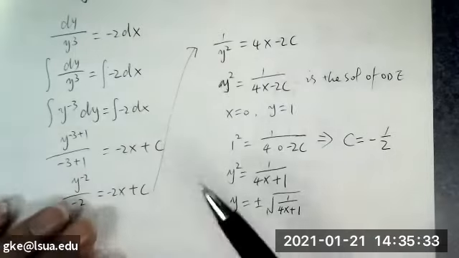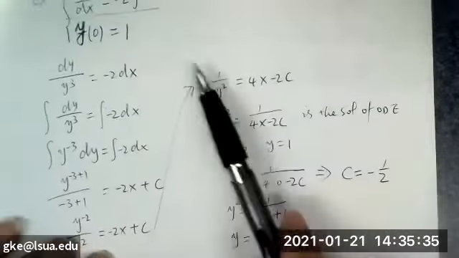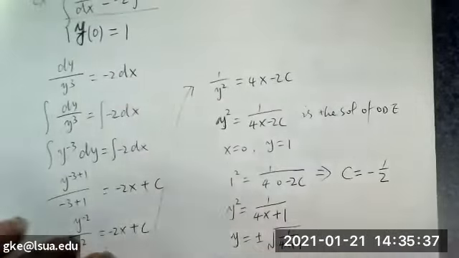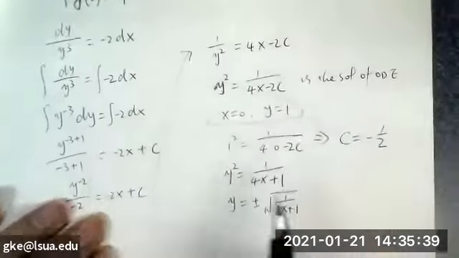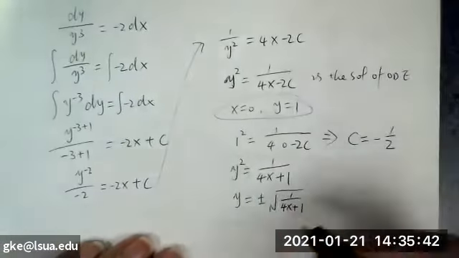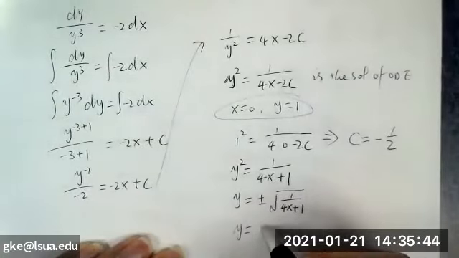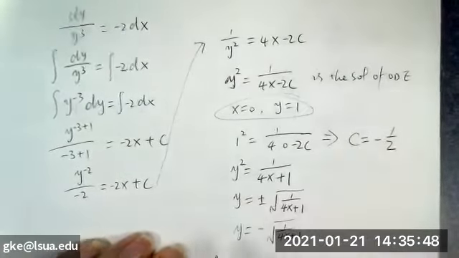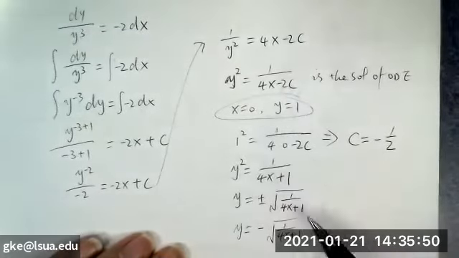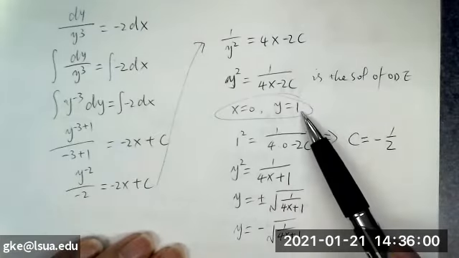Okay, let's check. The thing is the initial condition. So if we have the negative solution of this guy, you plug in x equals 0, 1 over 4 times 0 plus 1, and then negative. It's gonna give you negative 1, not 1.